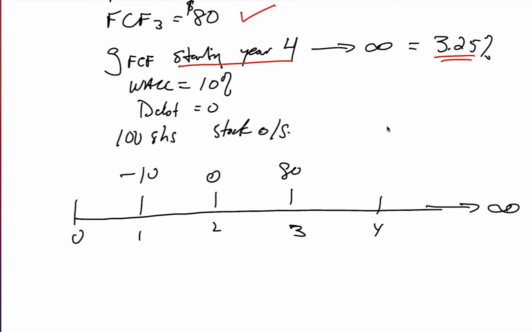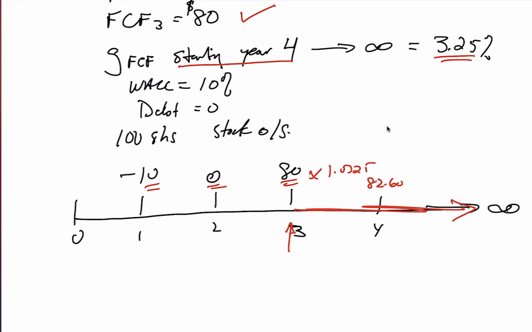Here's the timeline for the cash flows. Here's the -10, here's the 0, here's the 80. We need to grow this at 3.25%, and this comes out to be 82.60. And like we did before, we're going to value the company right here because this is where growth starts, constant growth forever.